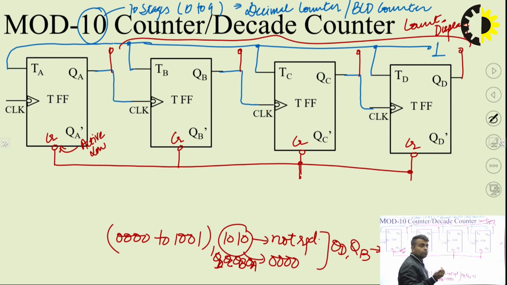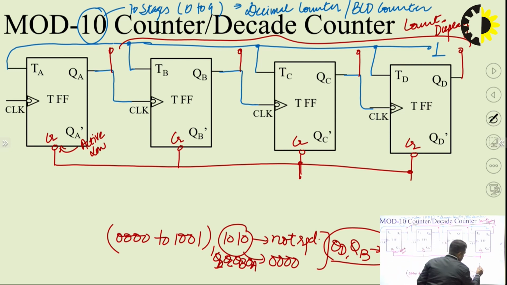That means I have to generate a 0 to activate these clear signals when my QD and QB are equal to 1. And QD and QB will be equal to 1 when the counter reaches 1010.